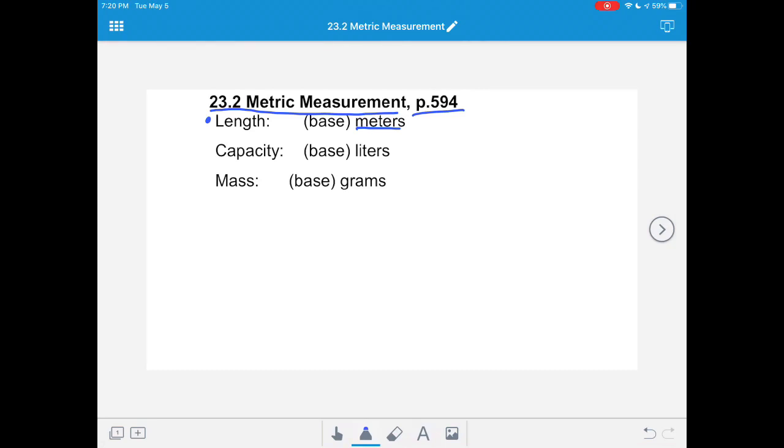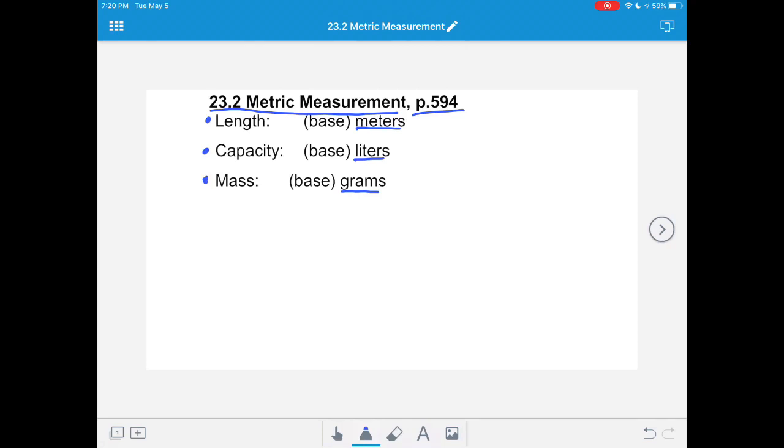And then there's other prefixes to mean larger than a meter or smaller than a meter and by how many. And those prefixes are the same for all of these units of measurement, which is what makes it easy to understand. Then for capacity, the base unit is liters. And for mass, the base unit is grams.